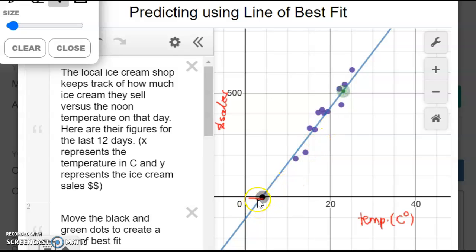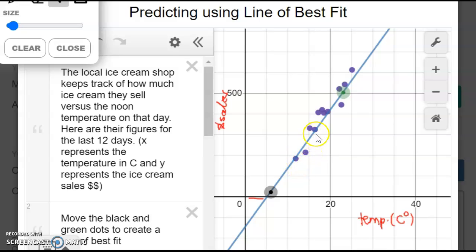Okay, maybe a little closer. Okay, there, that's my line of best fit.